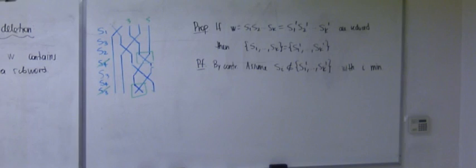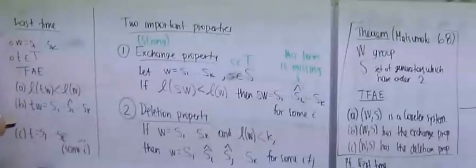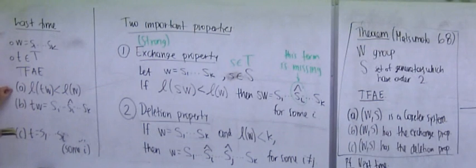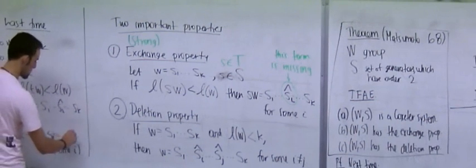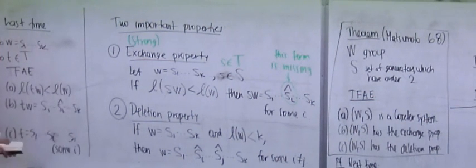It says if you have an element of the group, this lemma describes which reflections shorten the element. Okay? This doesn't depend on the word that I chose for W. This is a property of W, not of the word. And this lemma tells me that those reflections are exactly the ones of the form start at S1, go up to Si, and go down to S1. Okay?